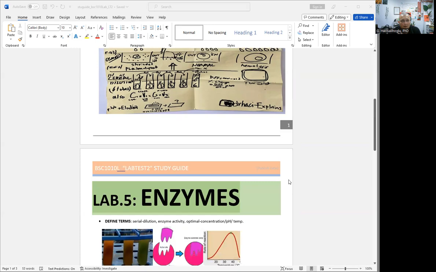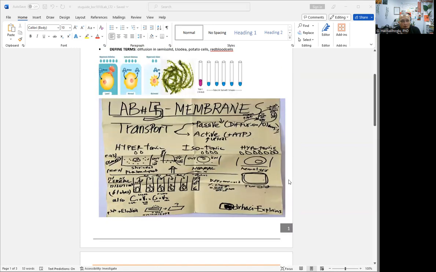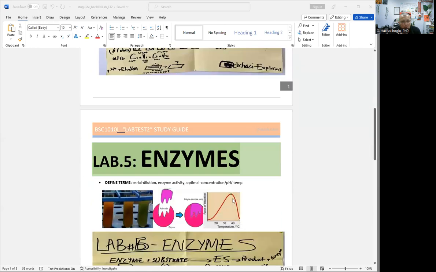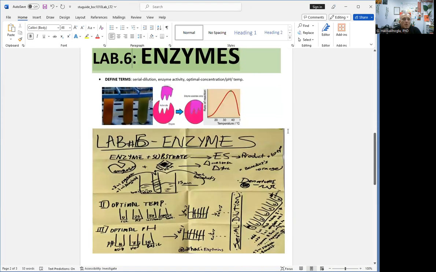That was lab number 5, which is membranes. Lab number 6 is enzymes, the next lab. Remember, in the enzyme lab we also did a serial dilution. The idea is exactly the same.